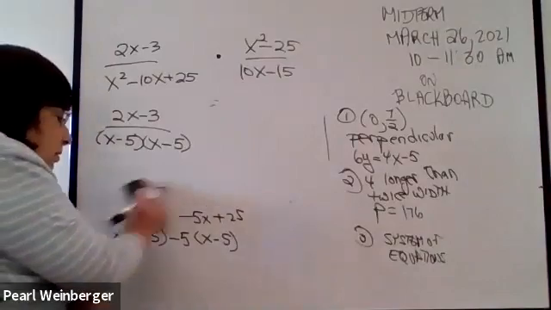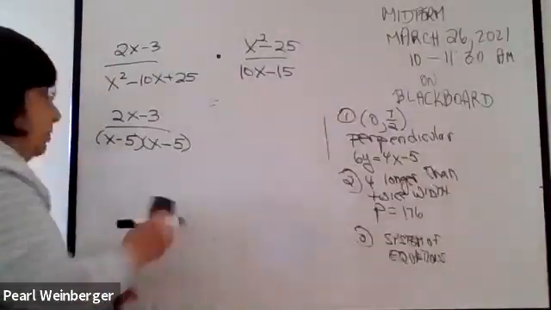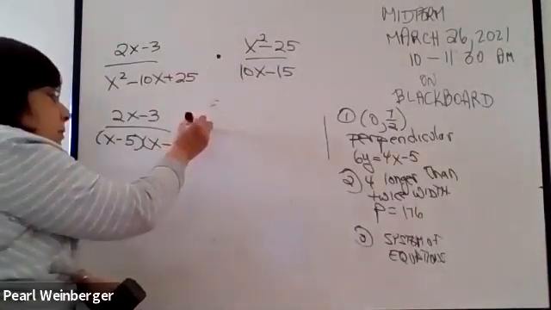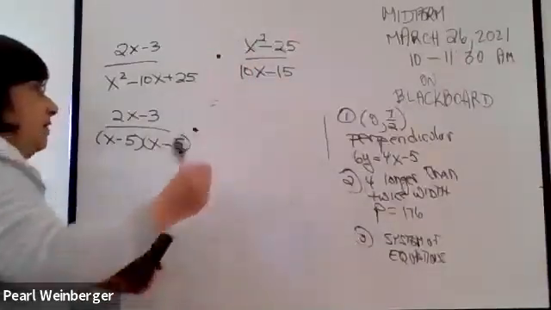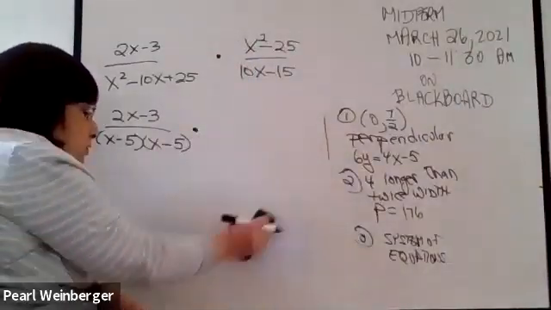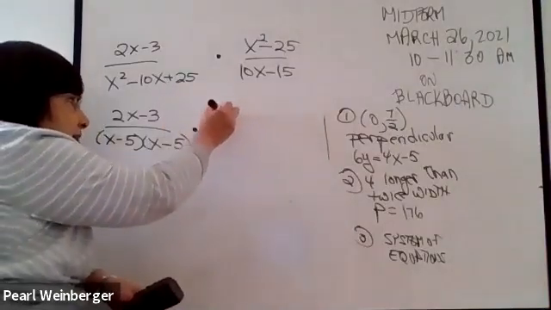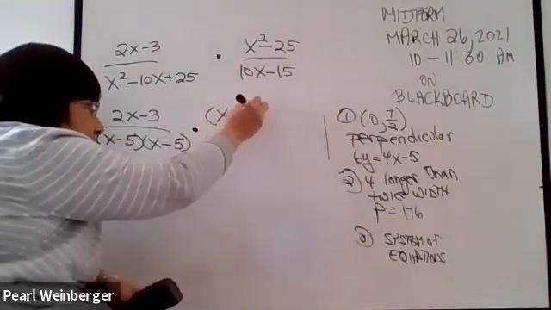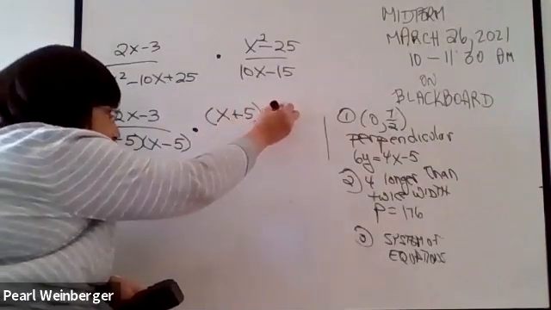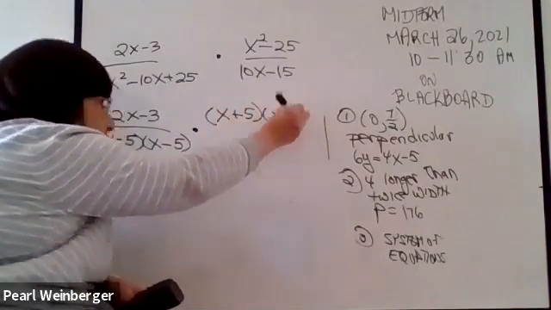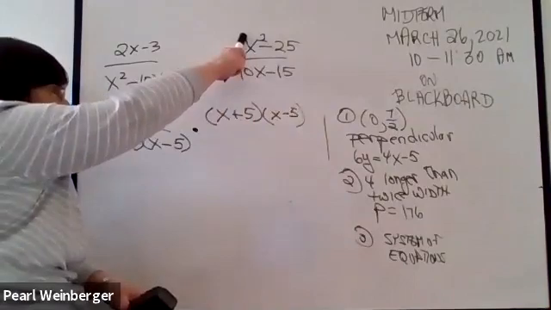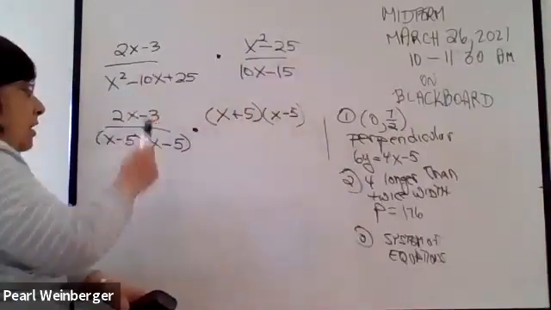When we get to the x squared minus 25, that's my difference of squares. So that's going to factor to x plus 5 and x minus 5. Look at the difference between what this looks like and this looks like.